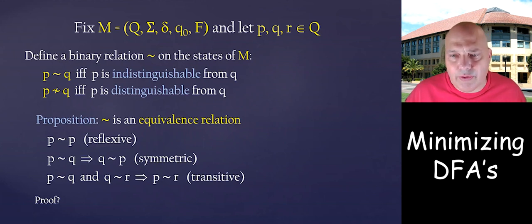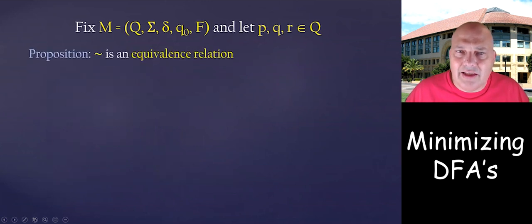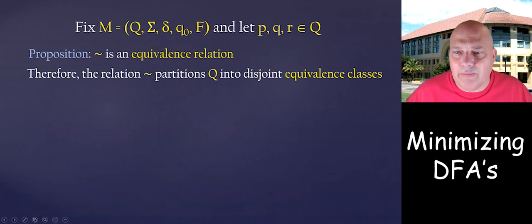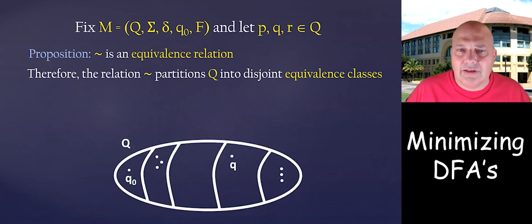And one nice thing that equivalence relations let us do is divide the partition, the set of states Q, into disjoint equivalent classes. So what does it mean? We look at all the states Q, and within each one we partition it such that within each region all the states are equivalent to each other.